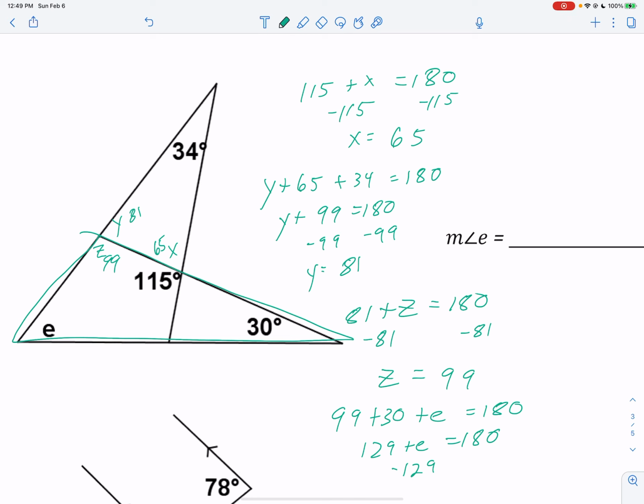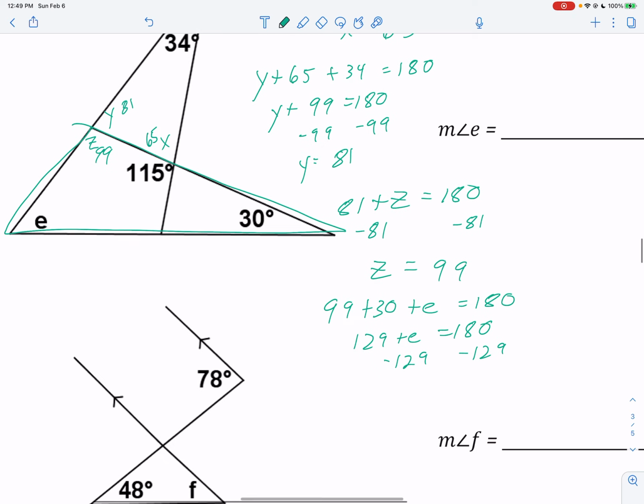Subtracting off 129, I get E is equal to 51. 51, I believe. I don't really have the thing up to confirm most of my solutions, so 51 degrees.